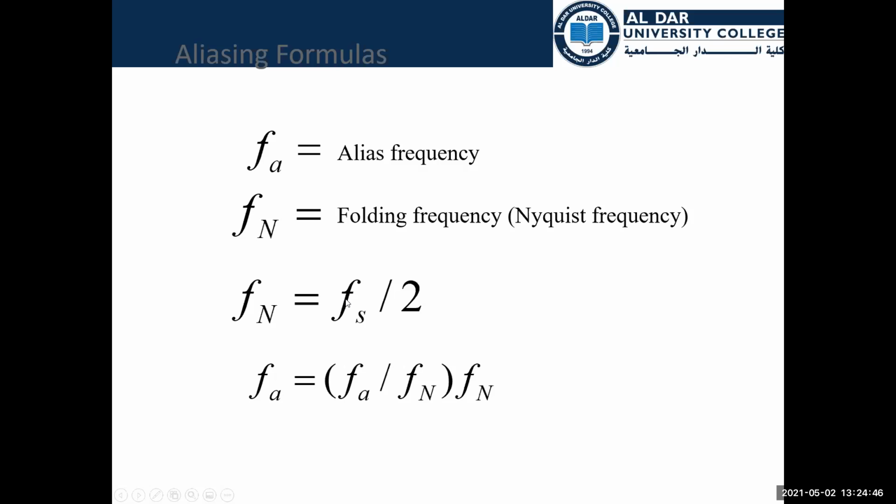This means Fs is equal to 2 multiplied by Fn. This is the Nyquist theorem. We need Fn, so we say Fn is equal to Fs over 2. And Fa is Fa over Fn multiplied by Fn. These are the basic rules here.